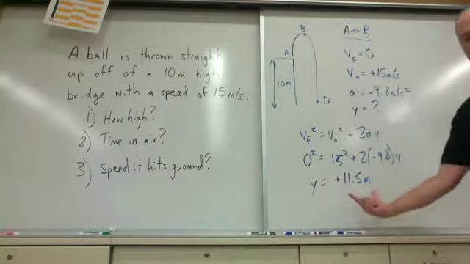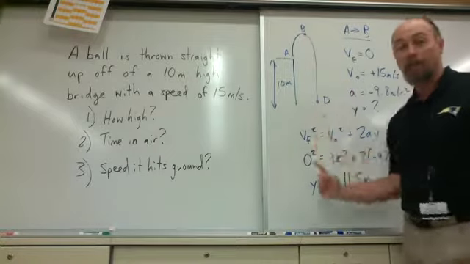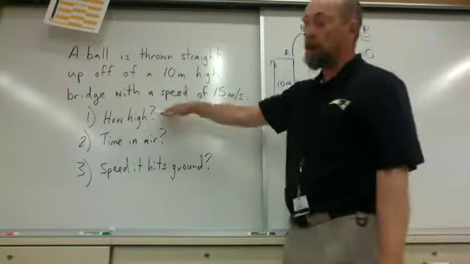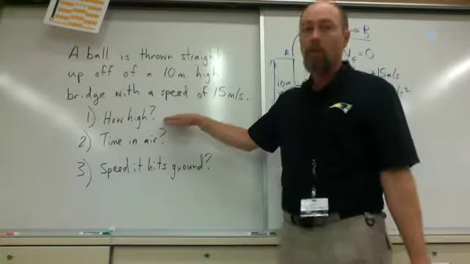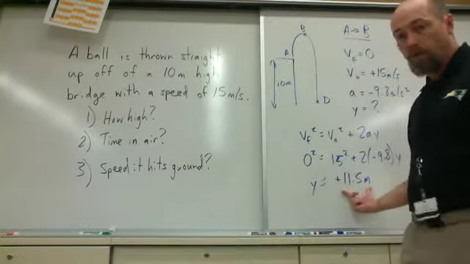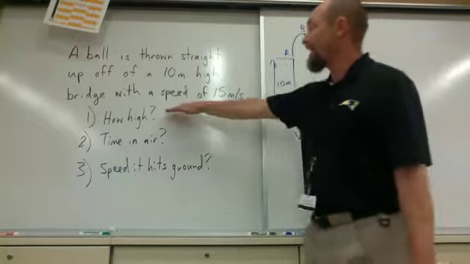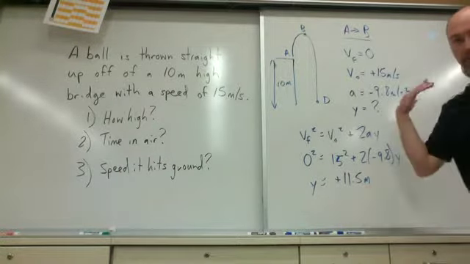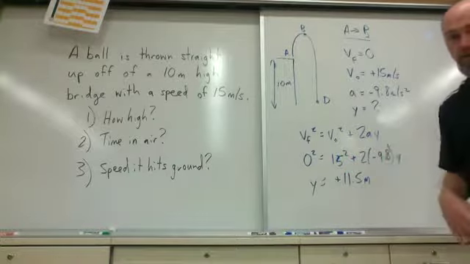That's important because going from A to B, I went up 11.5 meters. So how high off the ground it is would be 21.5 meters, and from his starting point it would be 11.5 meters. Hopefully that makes sense.